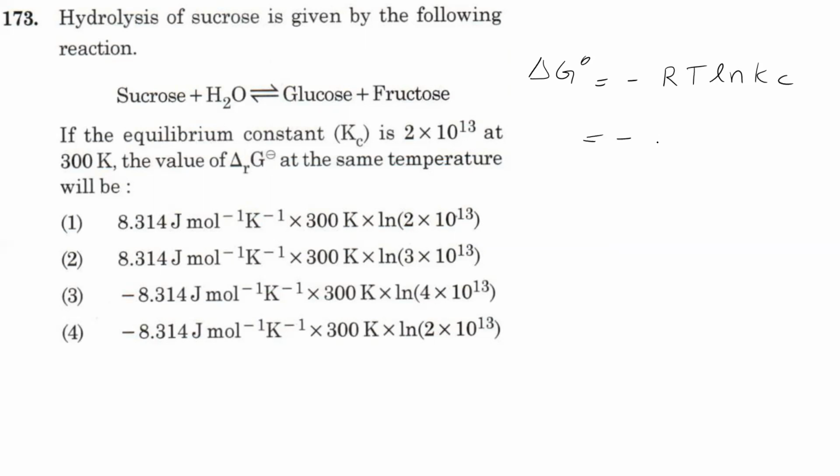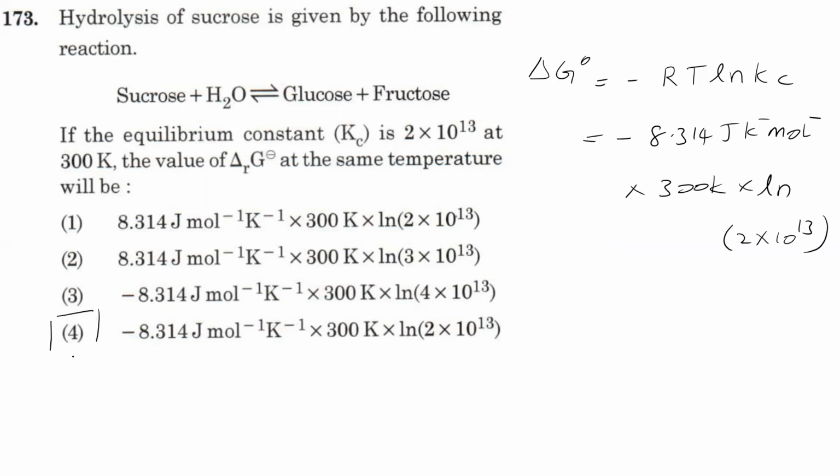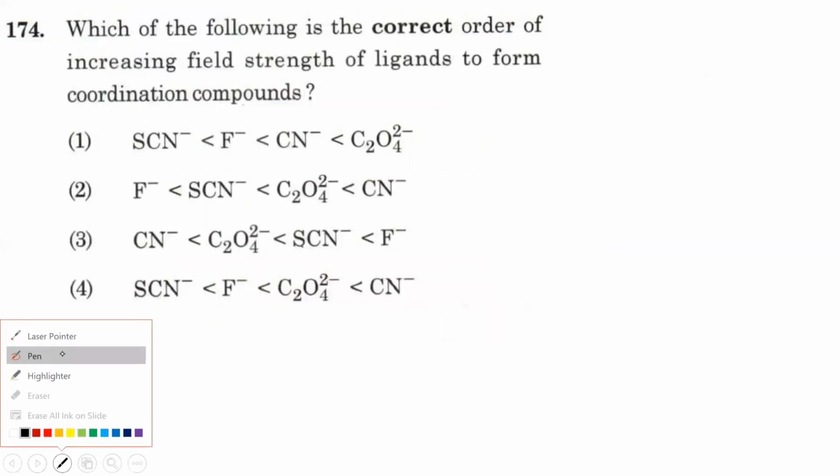So minus R value we will take it as 8.314 joule per Kelvin per mole, and temperature given is 300 Kelvin, into ln Kc, given 2 into 10 to the power of 13. Therefore we can say fourth option is the answer for this question. So formula remember it, delta G naught equal to minus RT ln Kc. We will go to next question.